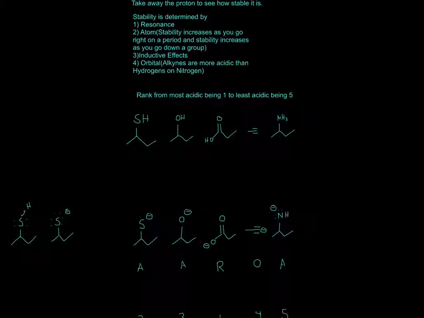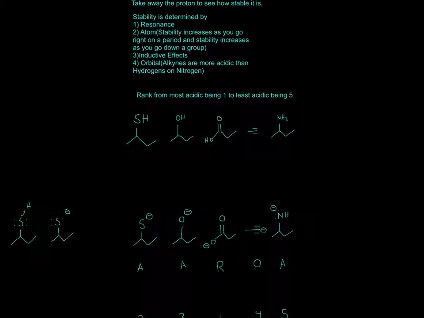So we're looking at atoms, and for atoms, we look at electronegativity, because electronegativity determines how much the atom wants the electron. Stability increases as you go right on a period, and stability increases as you go down on a group. Since these two are pretty far to the right, they'll be 2 and 3, and these two will be 4 and 5. We just have to look at which one will be 2 and which one will be 3. These two are in the same group.